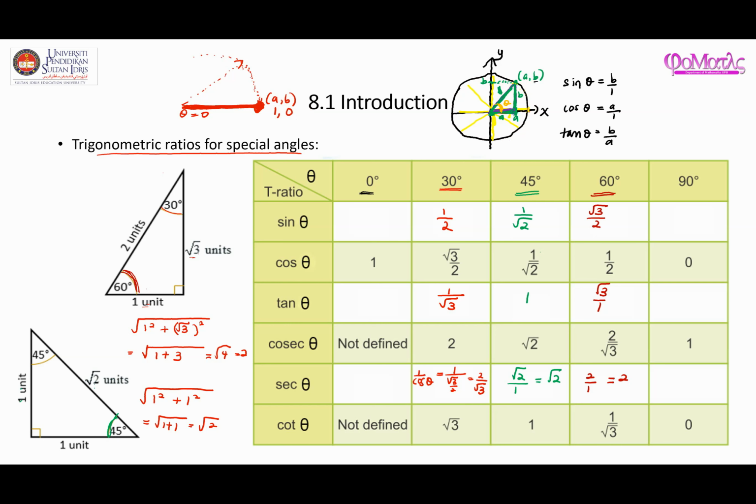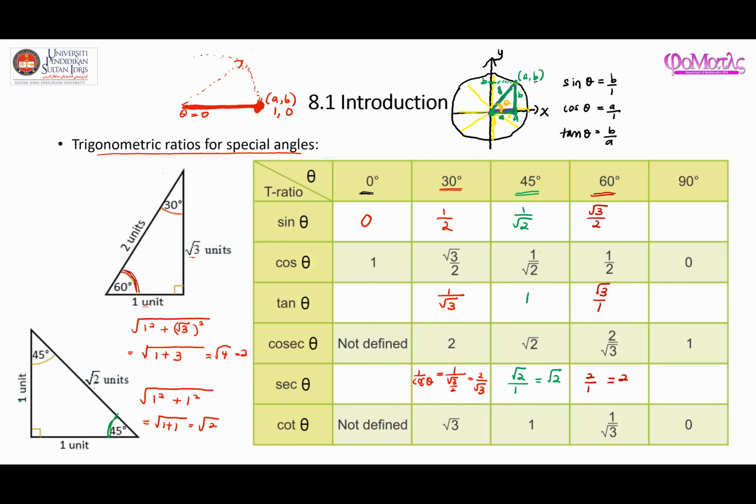And because of that, I can determine what is sine of 0. Sine of theta when theta is 0 is just b over 1. B is the y coordinate. So b is 0. So 0 over 1 is going to be 0.